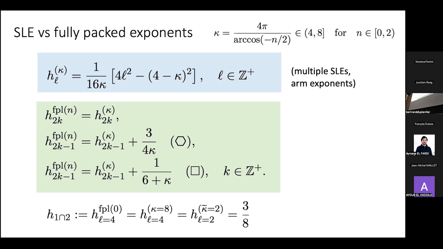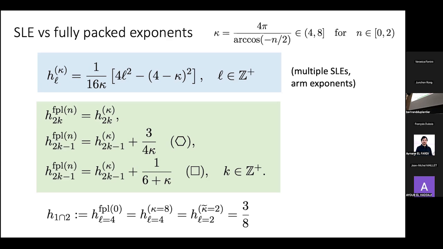Now, suppose you take the fully packed problem, not the dense problem, the fully packed problem for any n, the fugacity of your system. When you have an even number of lines, little l equal to 2k, it's not kappa, 2k, then it is the same formula as the SLE one. So it means the fully packed doesn't distinguish from the dense O(n) model.